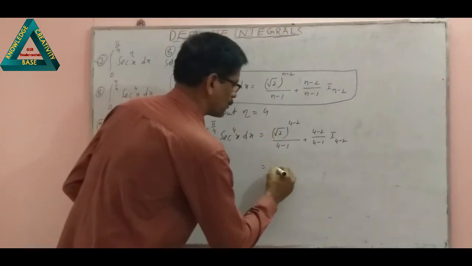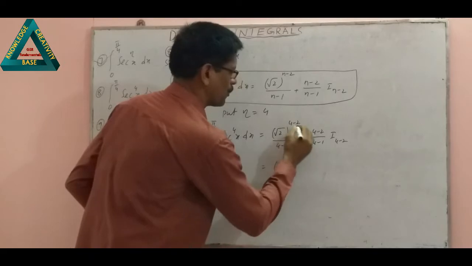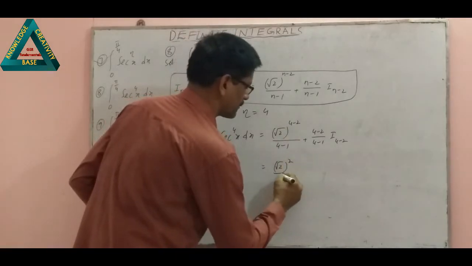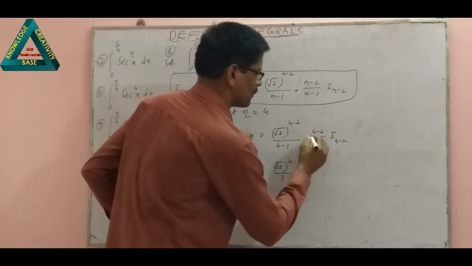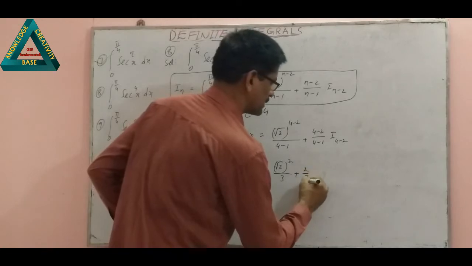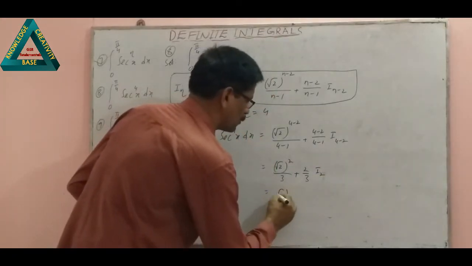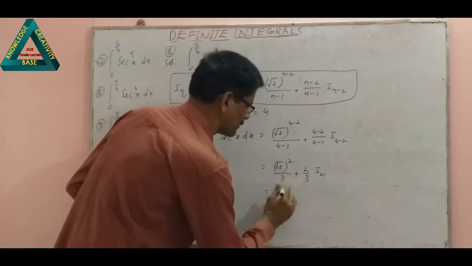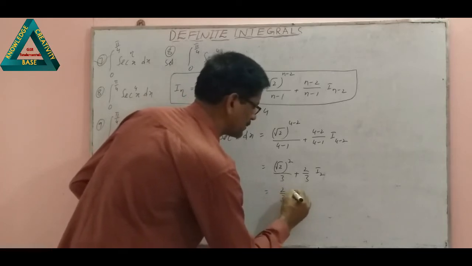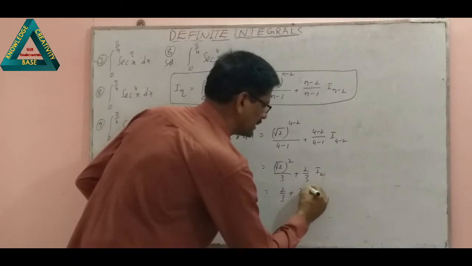That equals root 2 whole power 4 minus 2, which is 2 by 3, plus 2 by 3 into I2. What is the value of I2? Root 2 whole square means 2. So 2 by 3 plus 2 by 3 into.